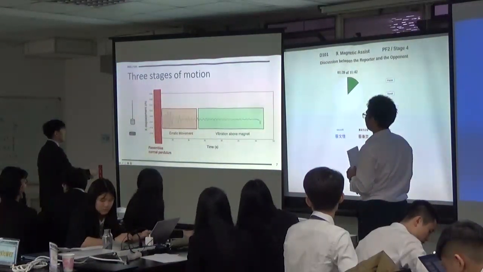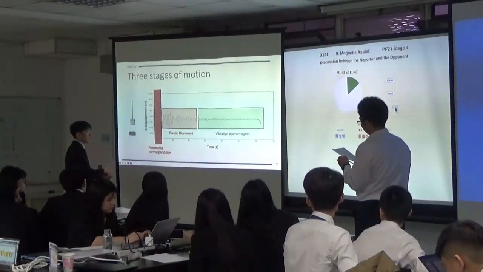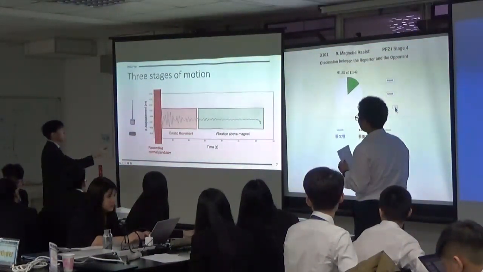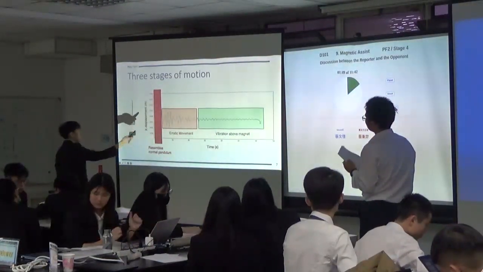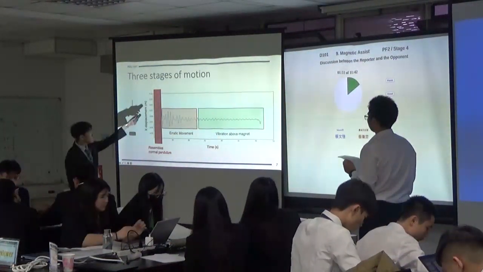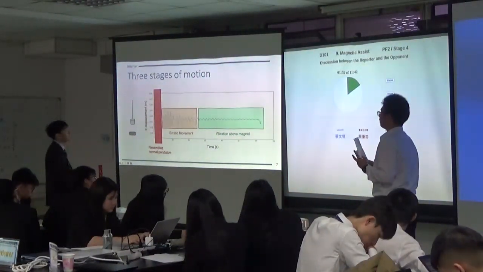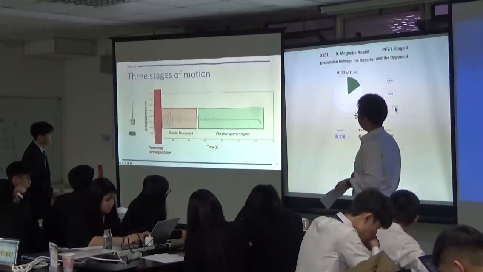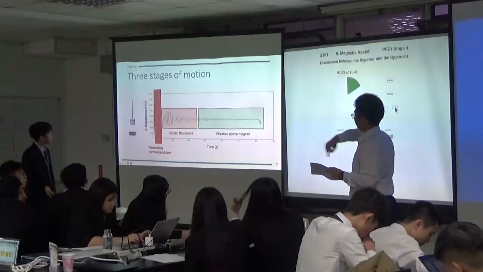So I think for the first stage, it just moves back and forth like a normal pendulum, so how much it's moving will also become less. So this graph only considers the x direction.